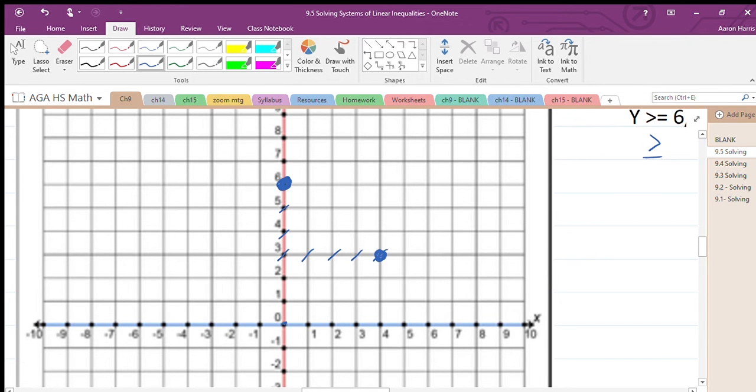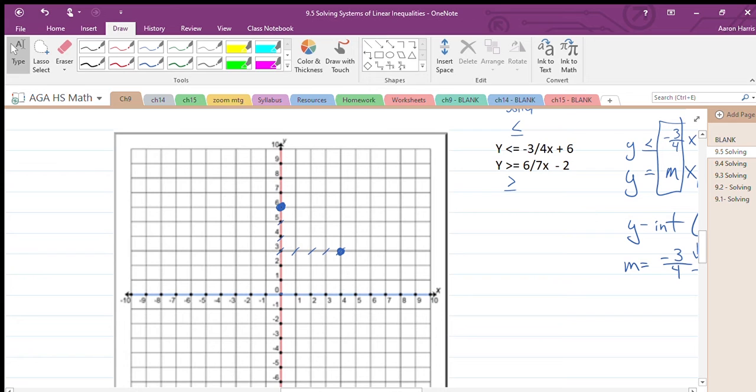What kind of line are we going to draw? That's right, solid, because it says what? It says less than or equal to, so it's a solid line. So any point along that line makes it true. Now what do we do? That's right, draw that vertical line. It says less than.